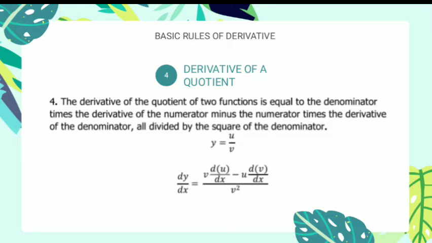So the derivative goes like this: dy over dx is equal to v times du over dx minus u times dv over dx all over v squared. So in a simple manner, dy over dx is equal to v du minus u dv all over v squared.